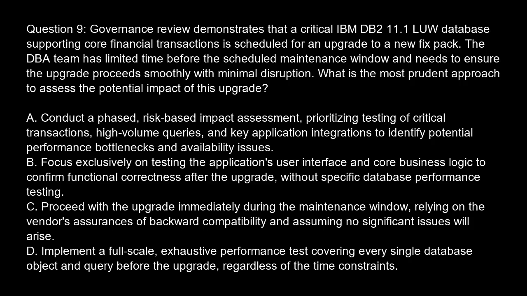Option C. Proceed with the upgrade immediately during the maintenance window, relying on the vendor's assurances of backward compatibility and assuming no significant issues will arise. Option D. Implement a full-scale, exhaustive performance test covering every single database object and query before the upgrade, regardless of the time constraints.